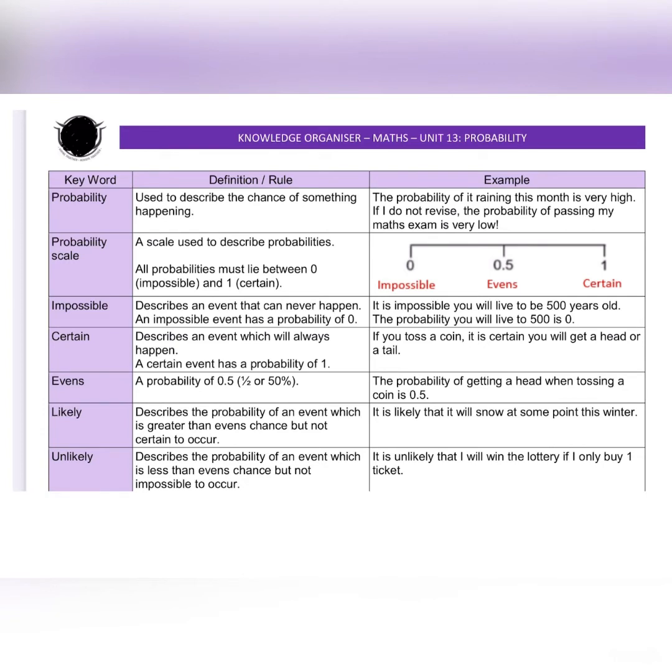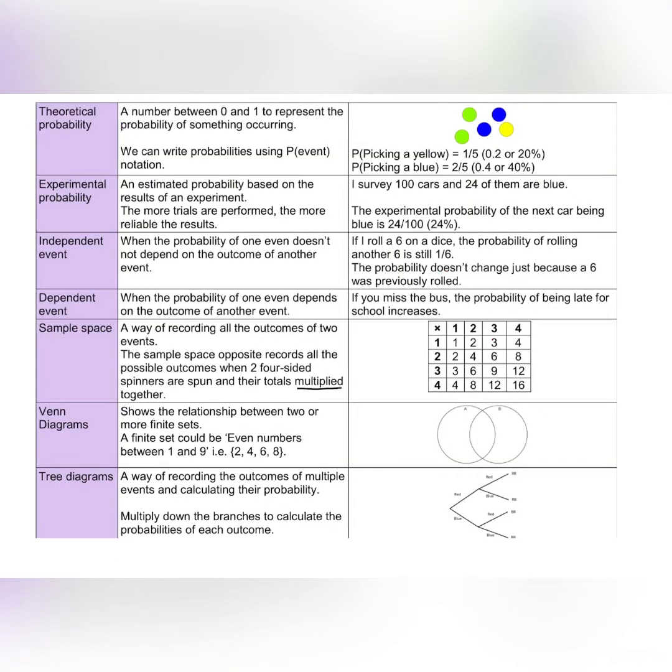You can always refer back to this knowledge organizer if you do not understand a certain word that I might use, and it's got all the key information on this. On the second page, we have a few more definitions and keywords. Today we're looking at sample space diagrams, so listing outcomes in a systematic way.